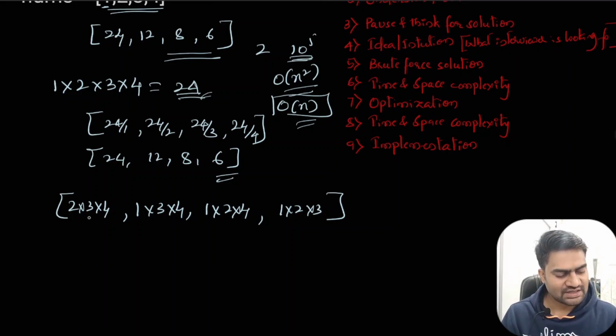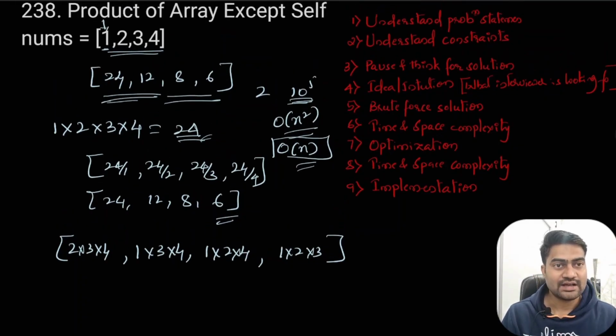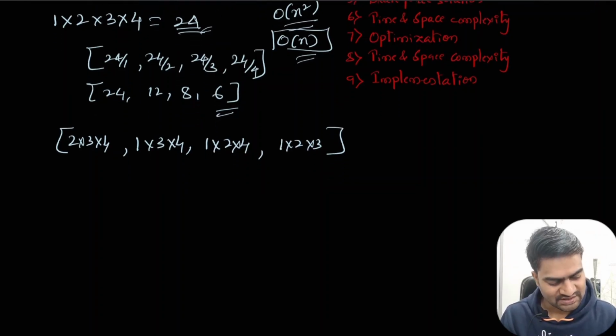So this is how we can come up with the answer array. So now it will give us whatever the answer we are looking for. So with that, what I am doing is, at any point I stand and I will consider the remaining numbers. So I will ignore if that index is the same as the index where I am standing. So with that, let us try to come up with the pseudocode for this one.